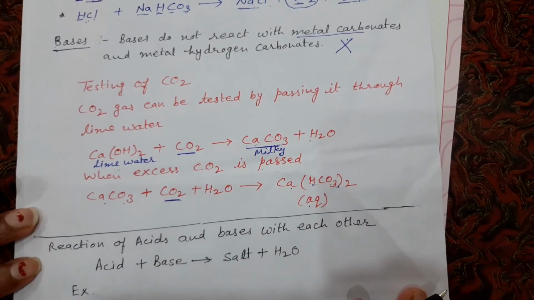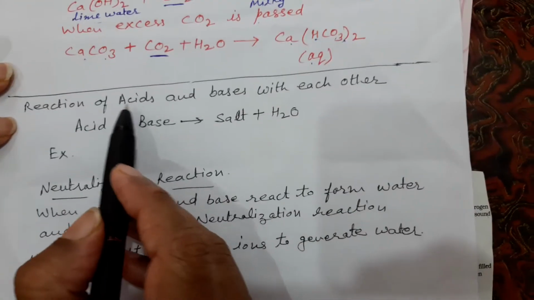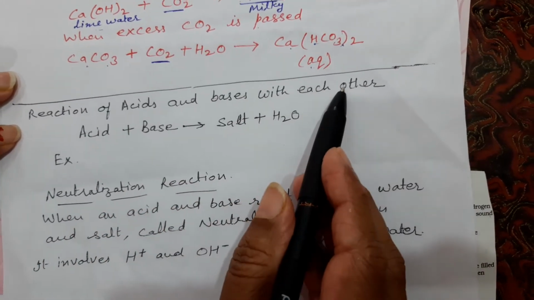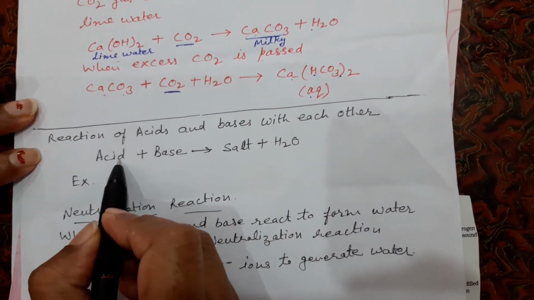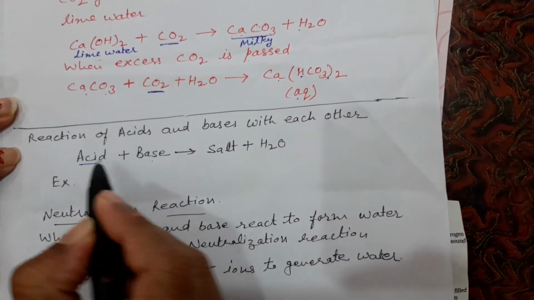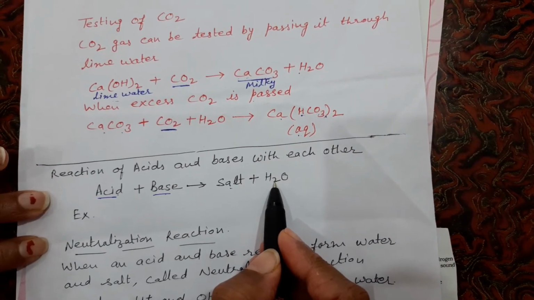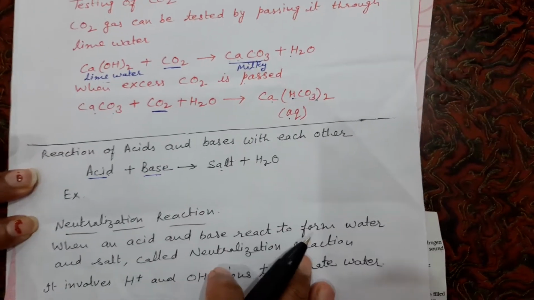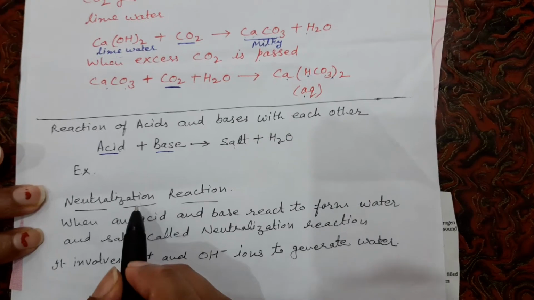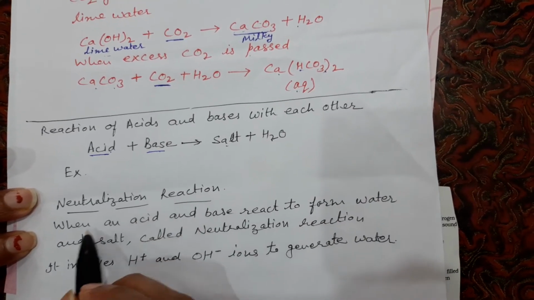Now, next property, the reaction of acids and bases with each other. When acid and base react with each other, they form salt and water. You have studied this reaction in 7th class. This reaction is known as neutralization reaction.